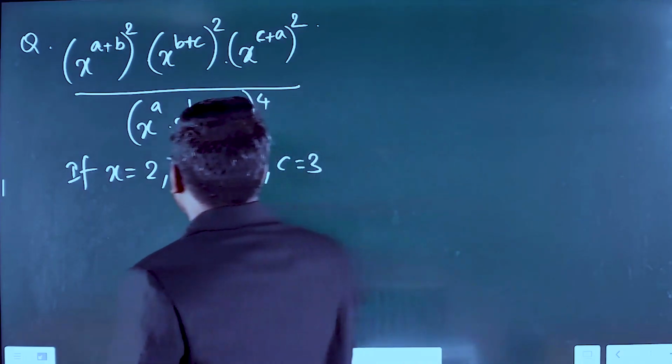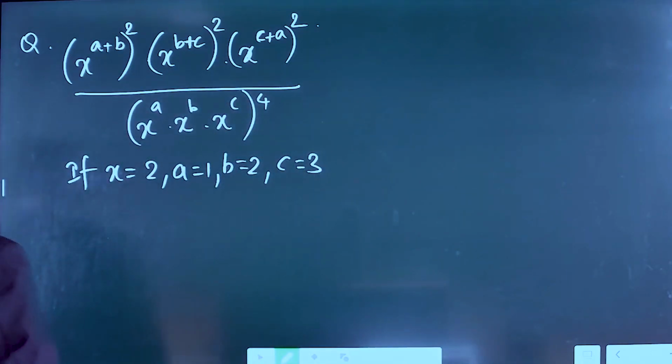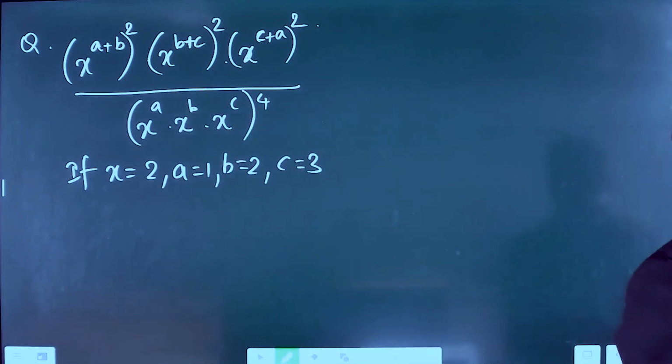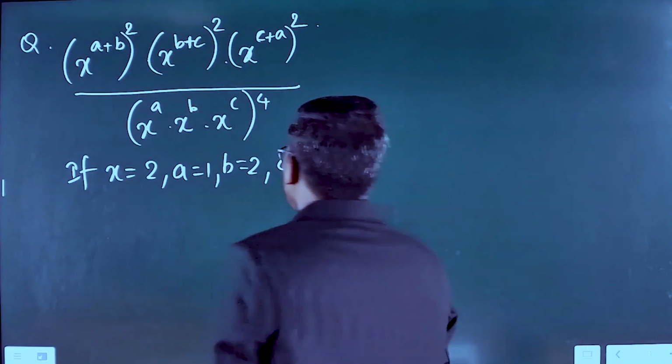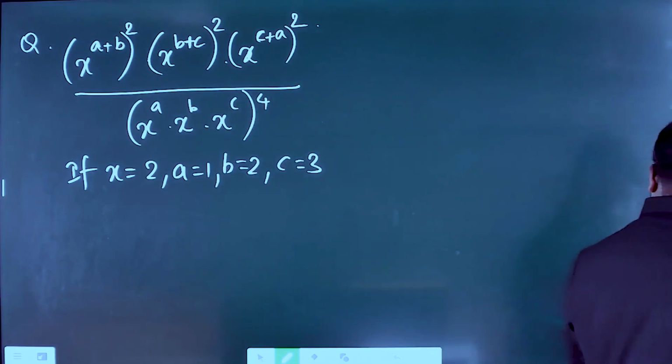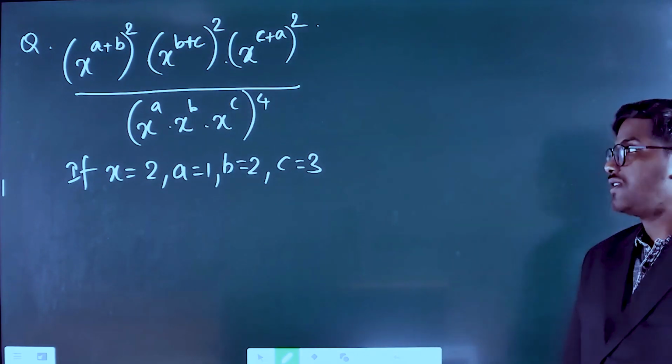We need to find the value of this expression at these particular values of x, a, b and c respectively. How do we do that? For that we need to have an essential understanding of what a square is, what power 4 is, right?